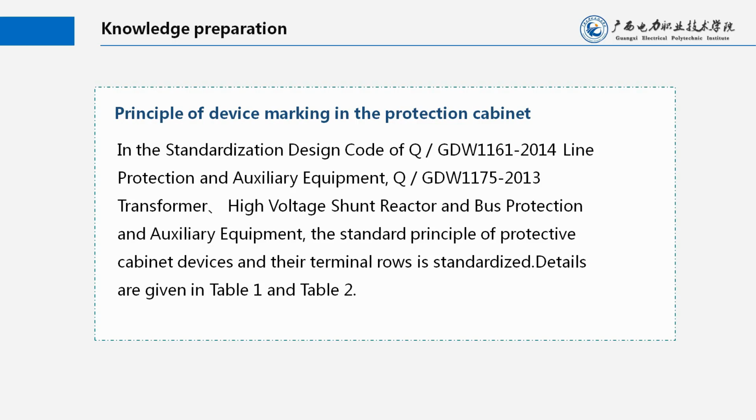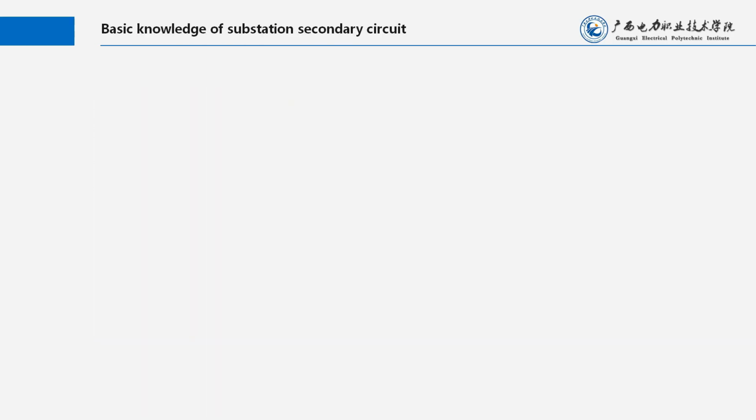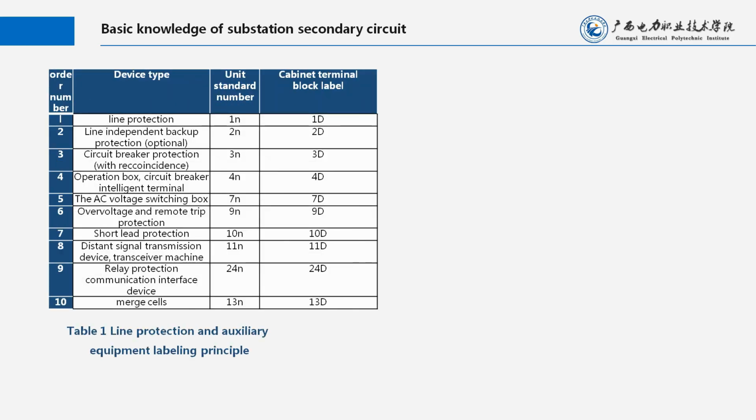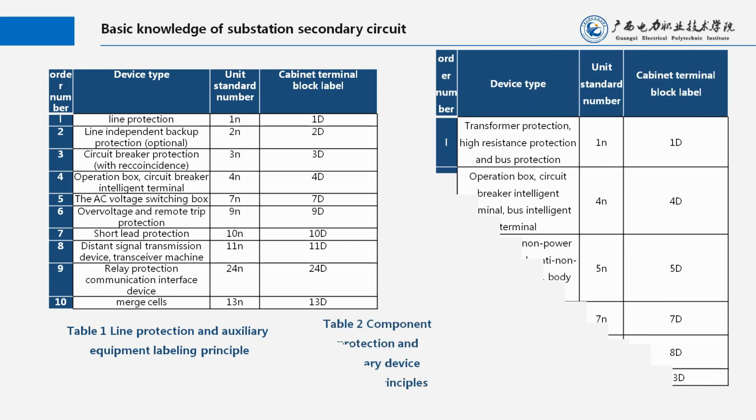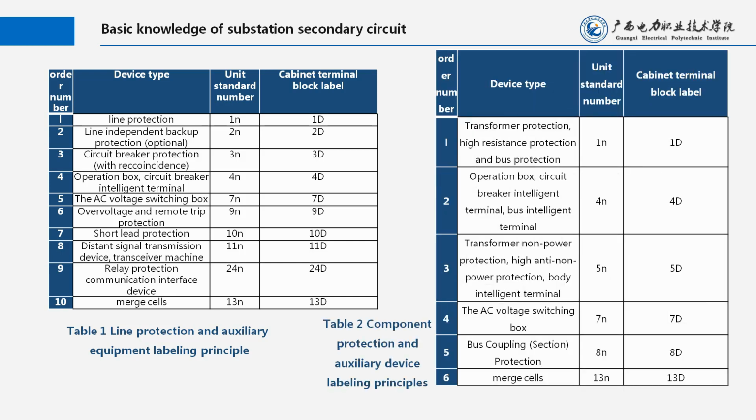Details are given in Table 1 and Table 2. Basic knowledge of substation secondary circuit. Table 1, line protection and auxiliary equipment labeling principle. Table 2, component protection and auxiliary device labeling principles.